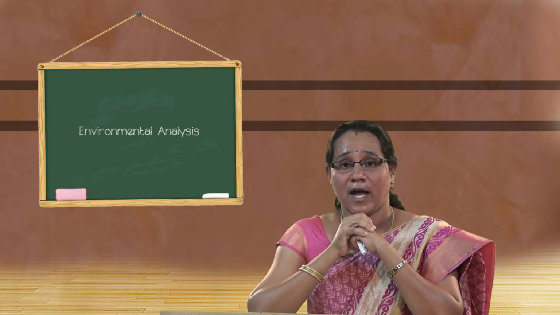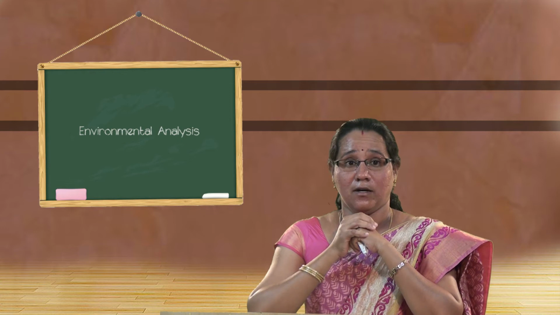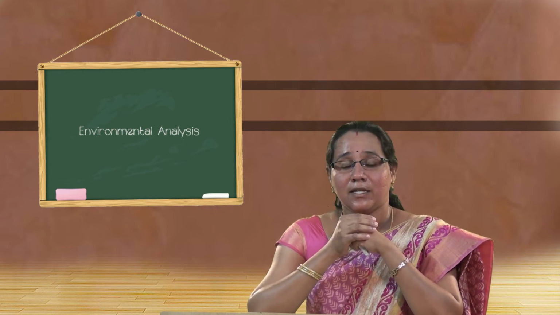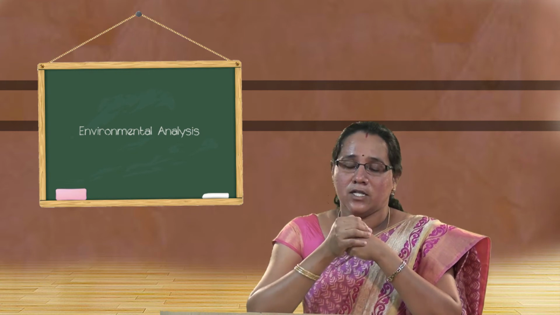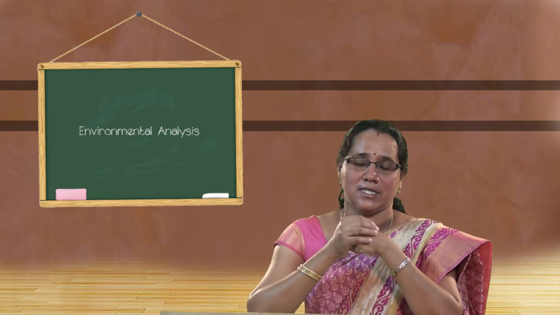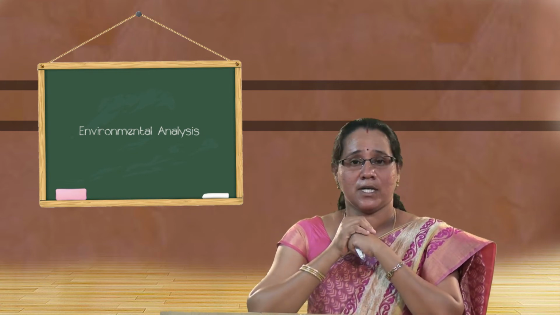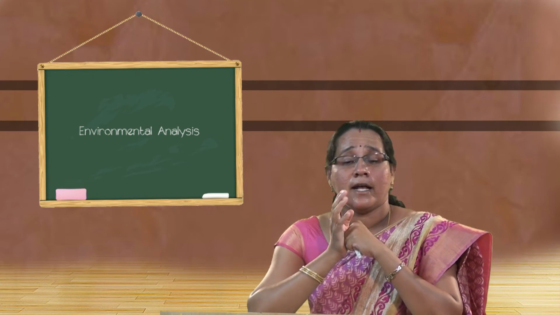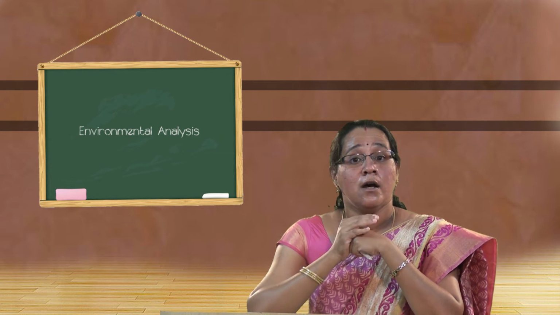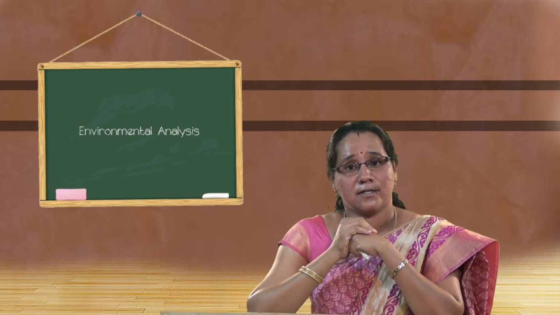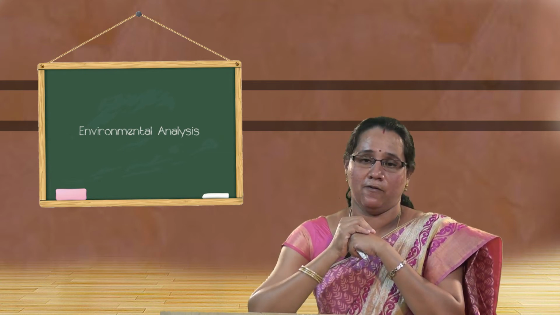But the external factor is not so certain that you can predict what is going to change and, according to that change, adapt the strategy. So what comes in this external environment? External environment again divides into two: you have micro environmental factors and macro environmental factors in the external environment.